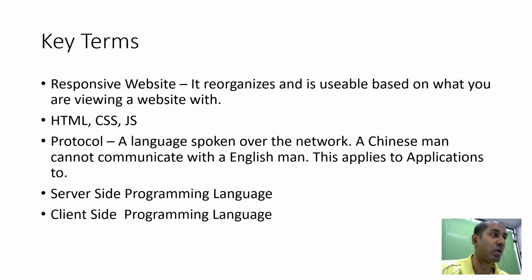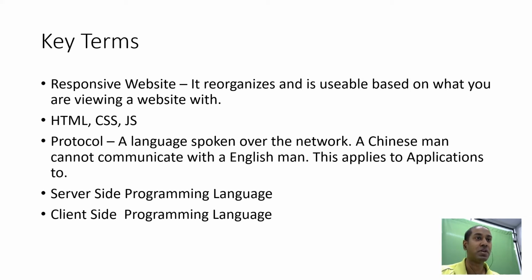The next term I want to cover is protocol. A protocol is basically a language spoken over a network. And we'll get to the definition of what a network is a little bit later, but it's essentially a group of computers that are connected together and can talk. So in order for two computers to talk, they have to speak the same language.